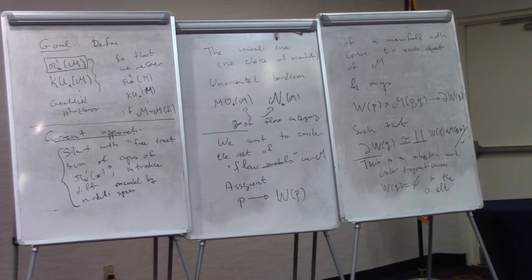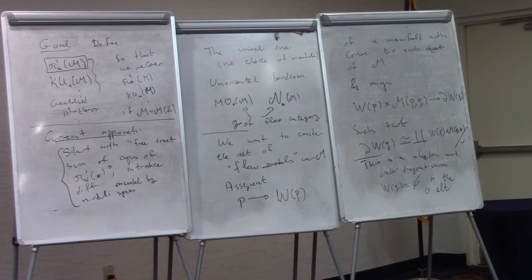So if we were in this Floer theoretic context, we would want to impose one more piece of data. Let's call this a filtered flow category.